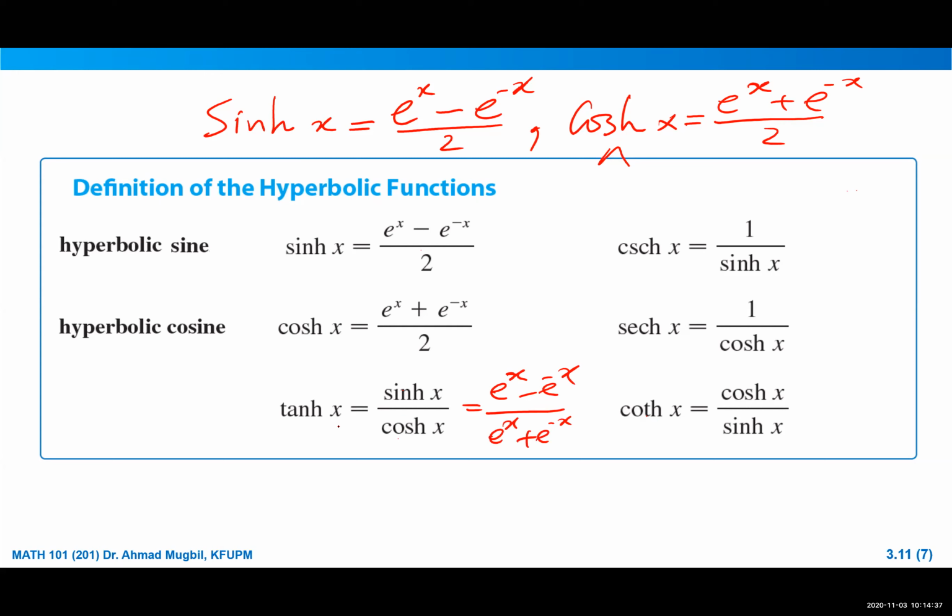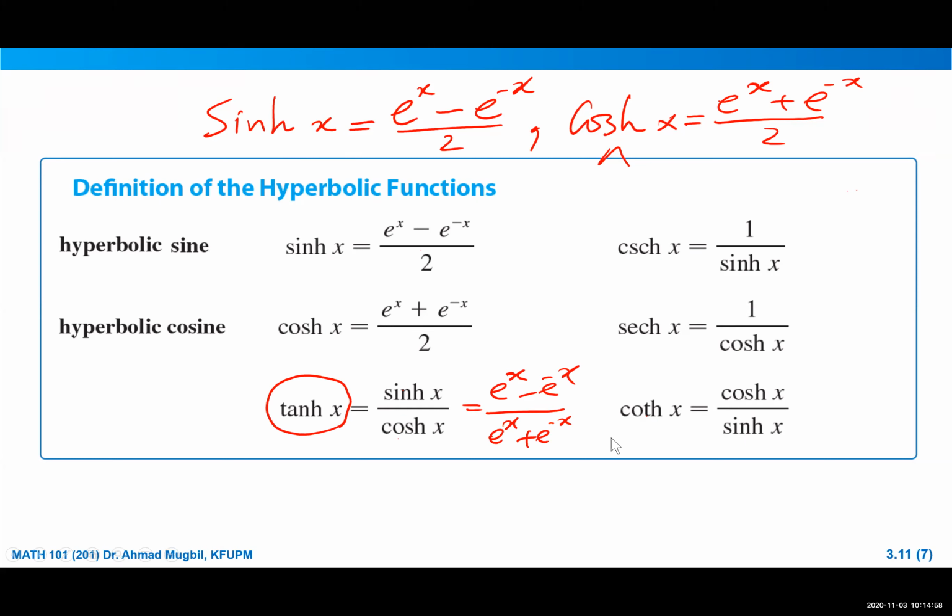They call this one tangent hyperbolic. The cosecant hyperbolic is 1 over sine, the secant is 1 over cosine, and the cotangent is cosine over sine, and so on. So it is similar to the identities that we used in the trigonometric functions.